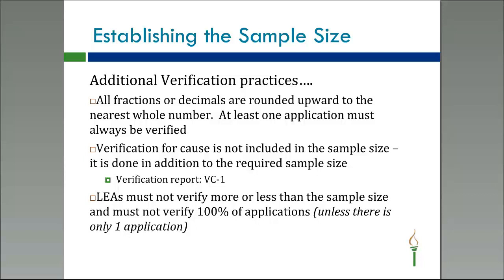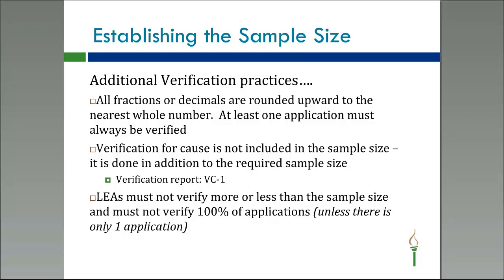When you're calculating the sample size, all decimals are rounded upward. So, for example, if 3% of your applications is 5.1, you must verify 6 applications. You can't round down to 5. You always have to round up. Verification for cause, which is verifying applications that may be questionable, is not included in the sample size.